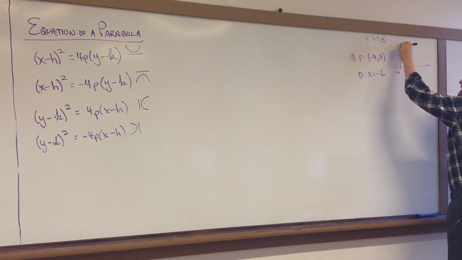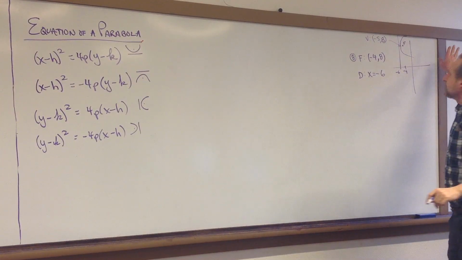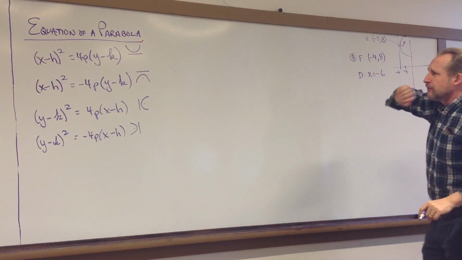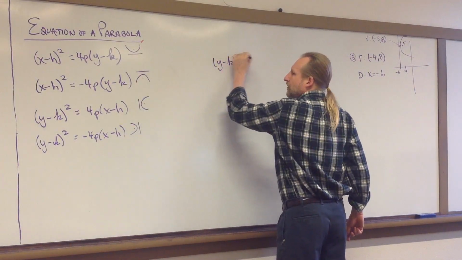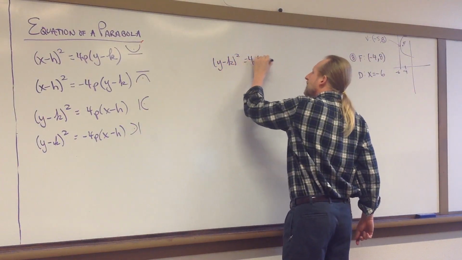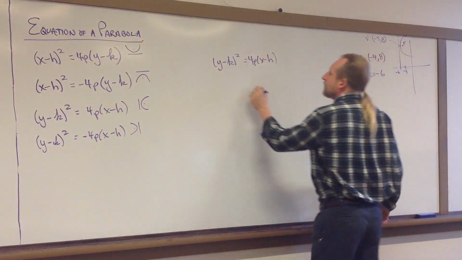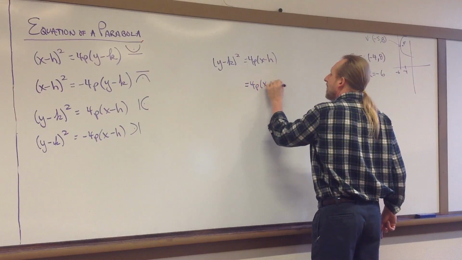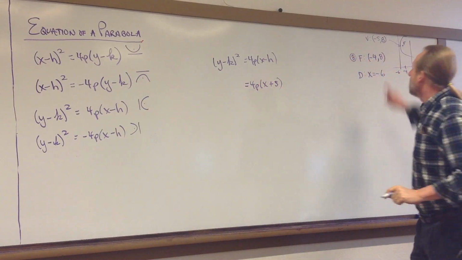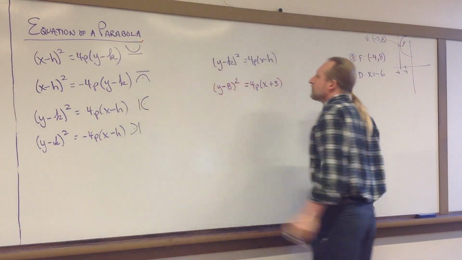And with the focus inside the parabola, that means the parabola is facing off to the right, which means that we're going to use this equation, y minus k all squared equals 4p times x minus h. Put the coordinates for the vertex in there, x minus negative 5, so x plus 5, and then the other one will be y minus 8 all squared.